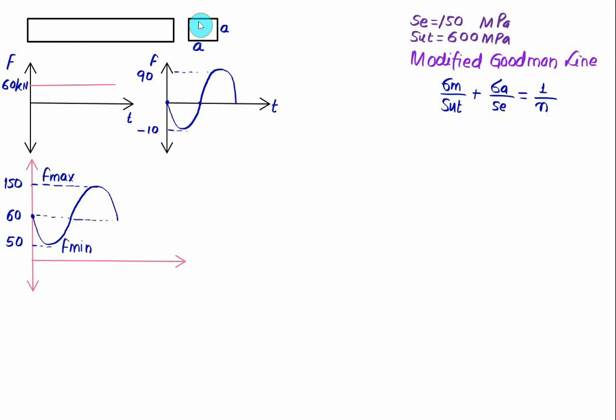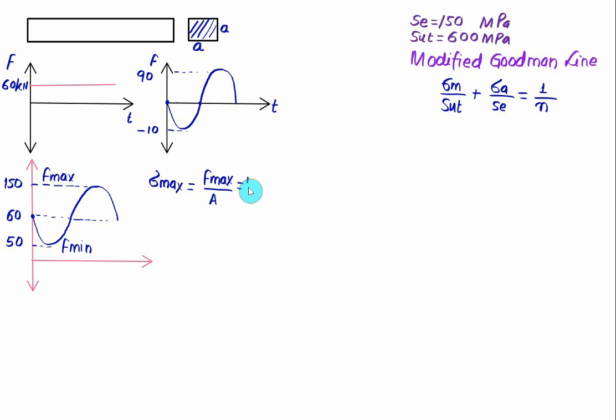This time we have a square cross section. So corresponding to this we develop two stresses, one maximum and one minimum. The maximum stress developed will be sigma max, given as the maximum force F max divided by area A, and the maximum force is equal to 150 kilonewton.